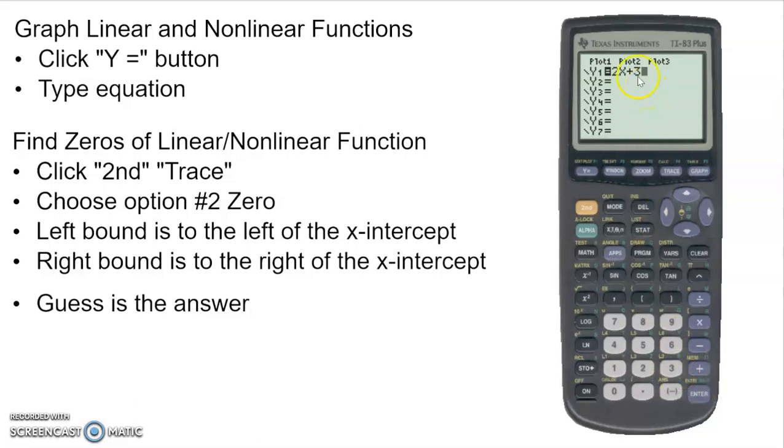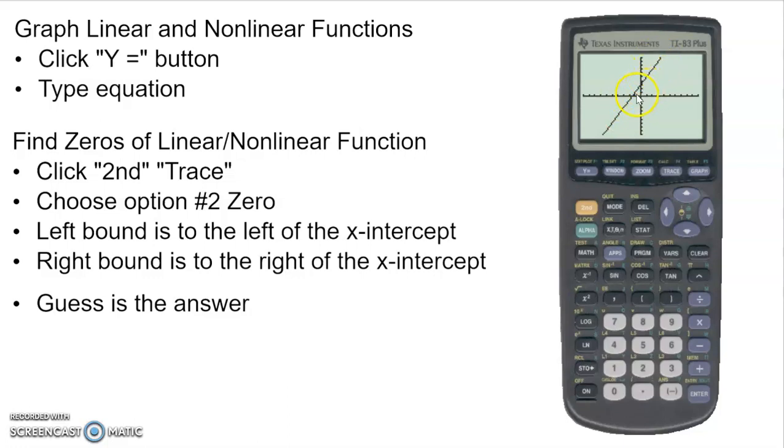The 3 tells us the y-intercept, and the 2 tells us it's a positive slope. If I type this in and hit the graph button, you can see my graph is going up from left to right, so I have a positive slope.